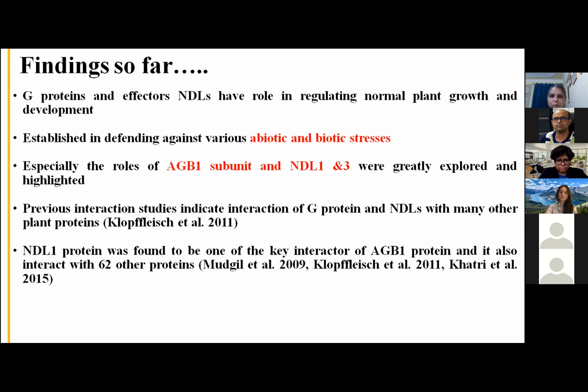I'm not speaking about biotic stresses, but we have found some data where we can find that biotic stresses are also combated by this duo. So especially the beta subunit and 1 and 3 have a special role in case of dehydration stress.